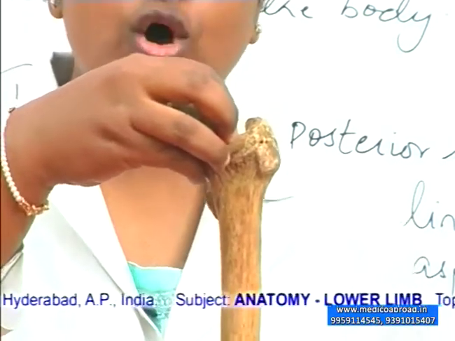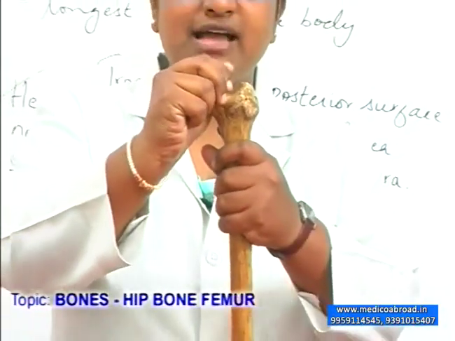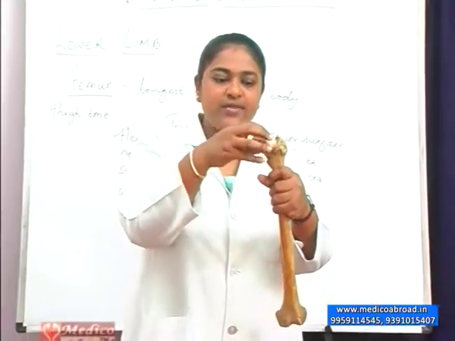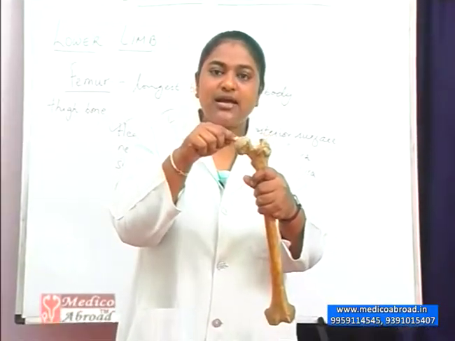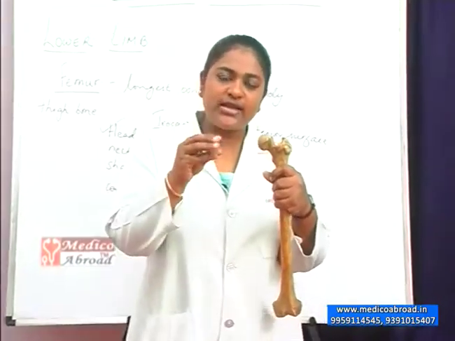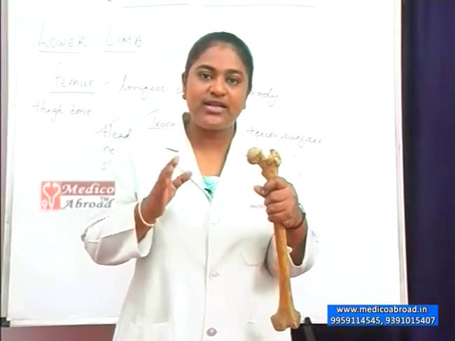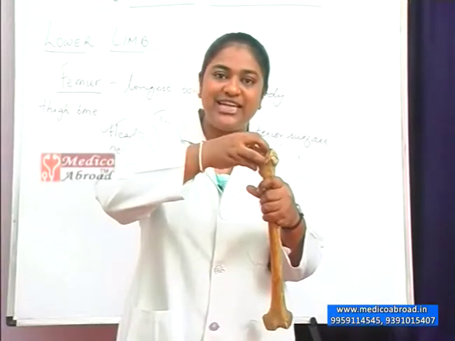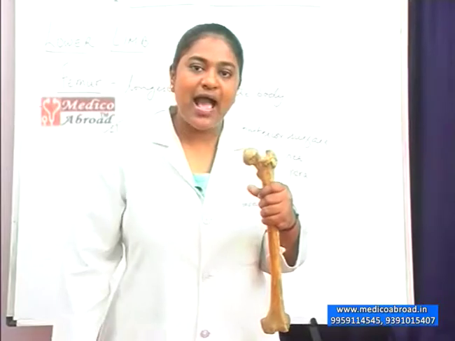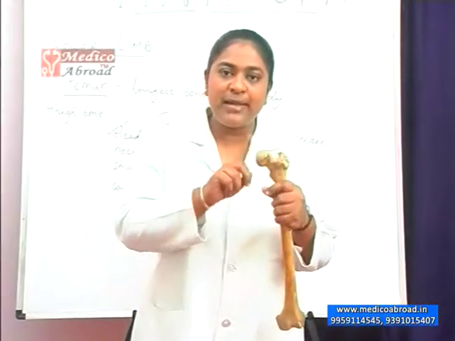Because of the cup-shaped depression of the acetabular cavity, it has a very close attachment to the head of the femur. Now the similar thing you will find also in the shoulder joint between the glenoid cavity and the humerus. But if you notice, the glenoid cavity is very shallow. It's not as deep as the acetabulum. The reason is that the upper limb has a lot more freedom of movement than your hip joint.